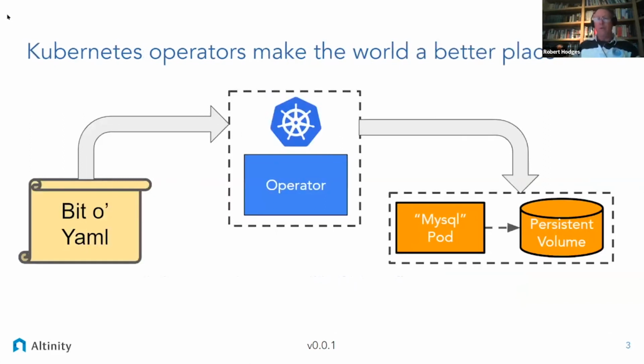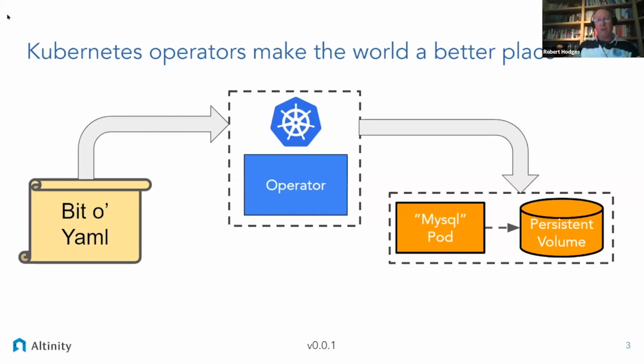So let's start at the top. Kubernetes operators basically make it possible to run data on Kubernetes. They're one of the big advances in Kubernetes that has really changed our ability to use the platform. For anybody who doesn't know what they are, the basic idea is that an operator is a resource manager. You define a new resource type that represents your database, and then you control it by submitting YAML.